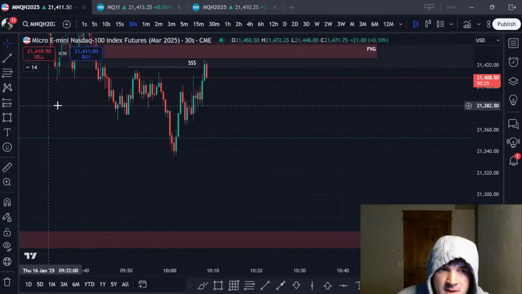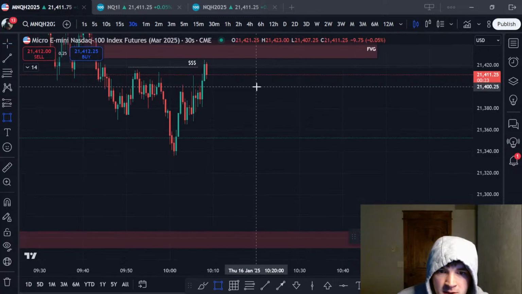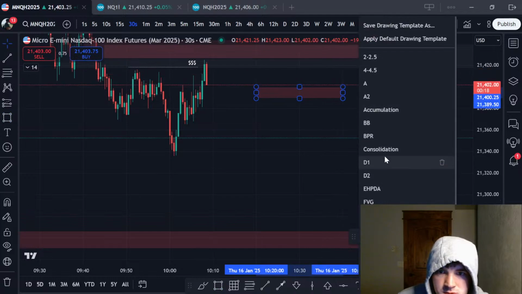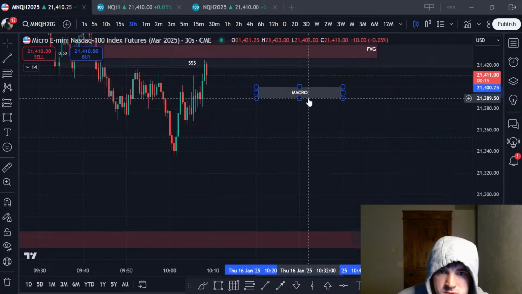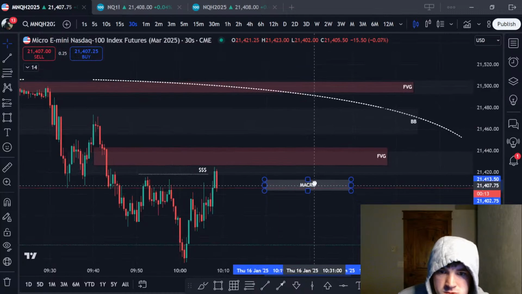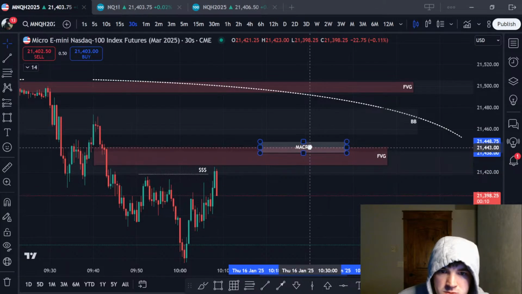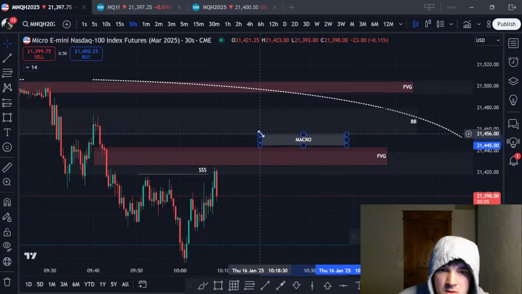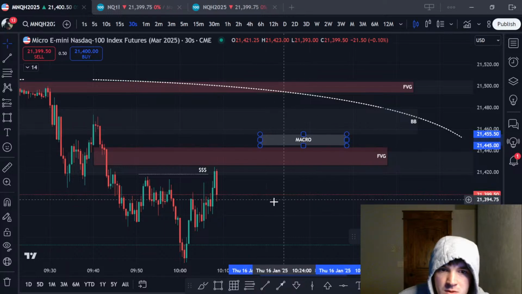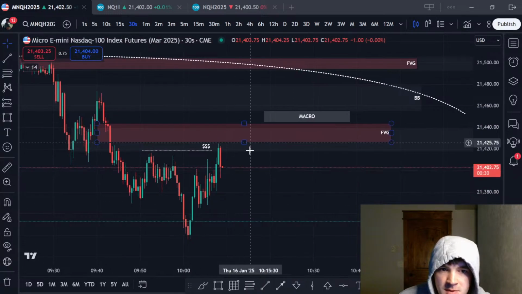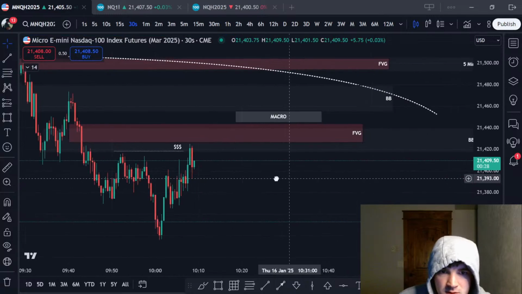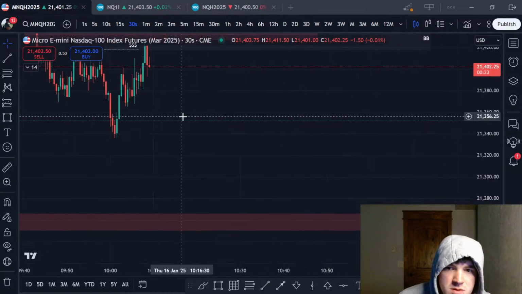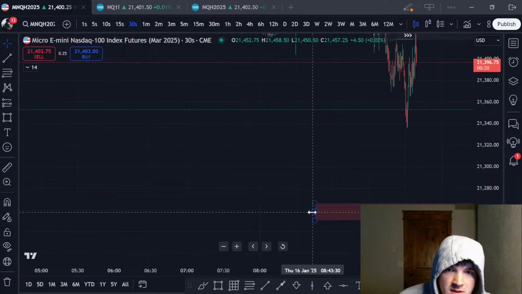Next macro will be the Hydra macro from 10:20 until 10:40. I'd prefer us to go deeper into this. And I do think the target would be this 4 to 4.5 here.